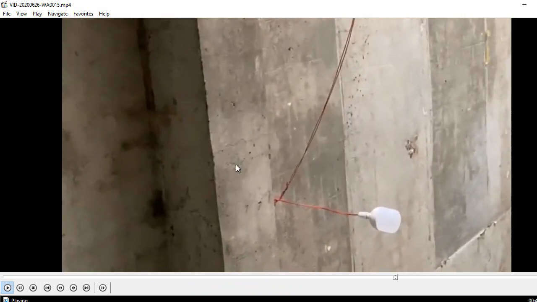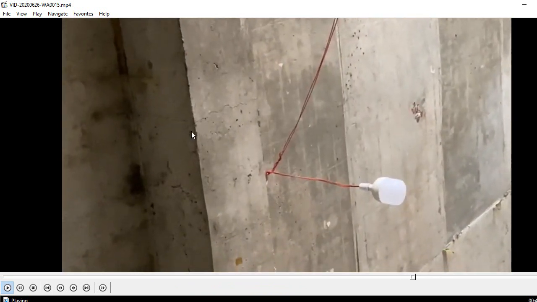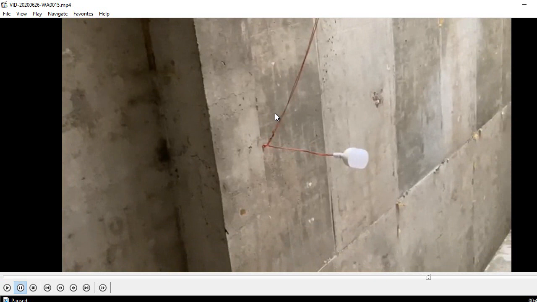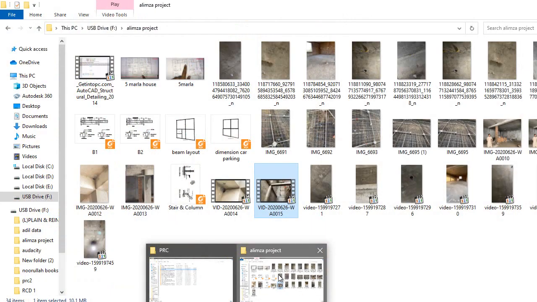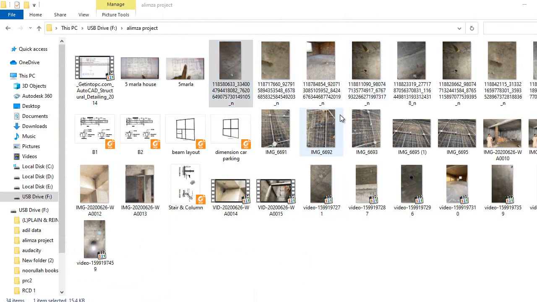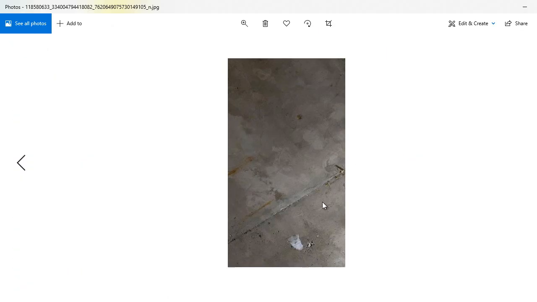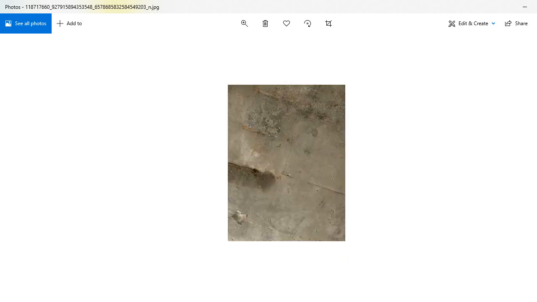You see this beam, and the crack is due to flexure of this beam. Let me show you the cracks of that slab system. In these pictures you see the cracks of the slab system, and similarly here.